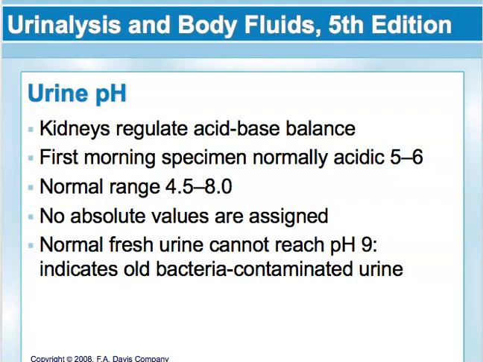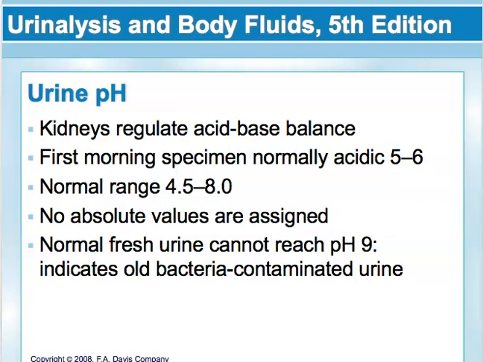Along with the lungs, the kidneys are the major regulators of the acid-base content in the body. Normal random samples can be in the pH range of 4.5 to 8.0, with first morning samples usually being more acidic, around the 5 to 6 range, and a more alkaline result following meals, which is referred to as the alkaline tide.